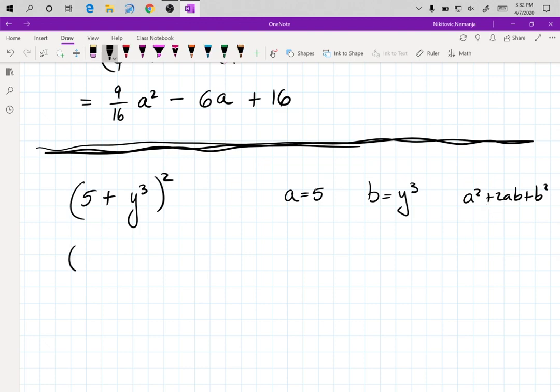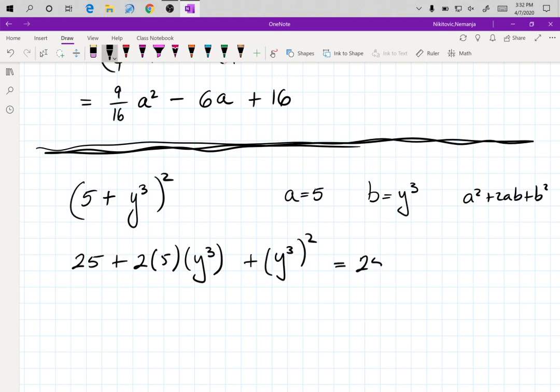So what do we have? We have a squared, that's 25, plus 2 times a times b, which is y cubed, plus y cubed squared. That's 25 plus 10y cubed plus y to the 6, because power of power, we multiply them.